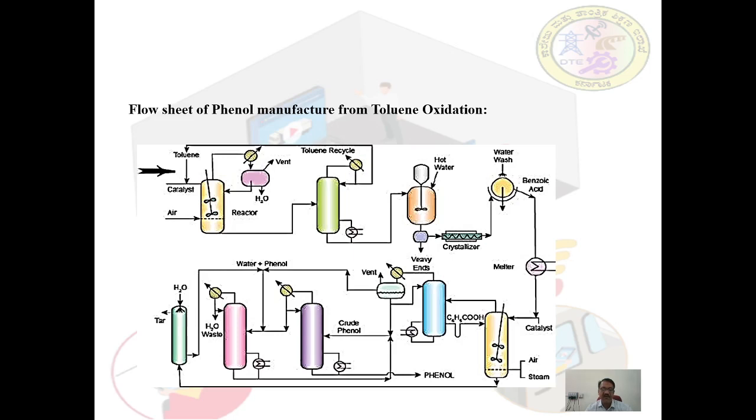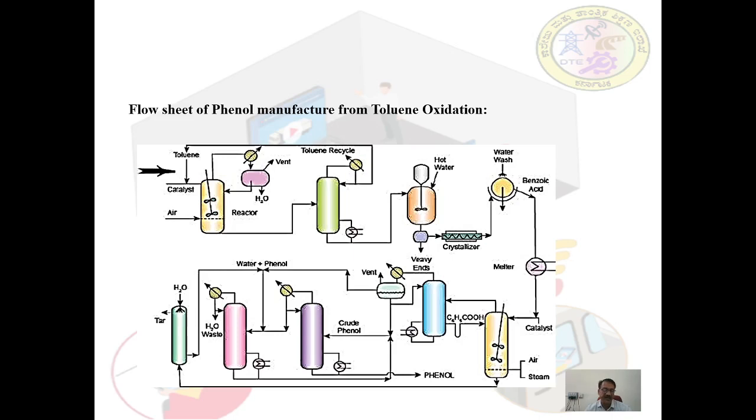After reaction, several products are formed, including undesired impurities such as benzaldehyde, benzyl alcohol, benzyl benzoate, carbon monoxide, and carbon dioxide. With conversion of toluene at 40%, the yield of benzoic acid is about 90%.